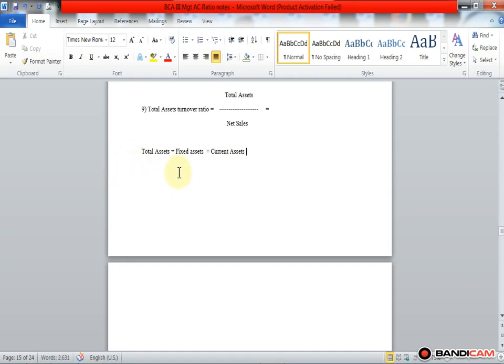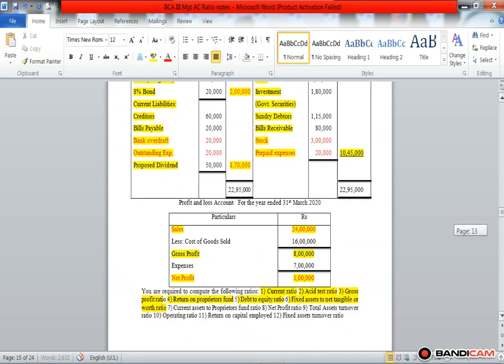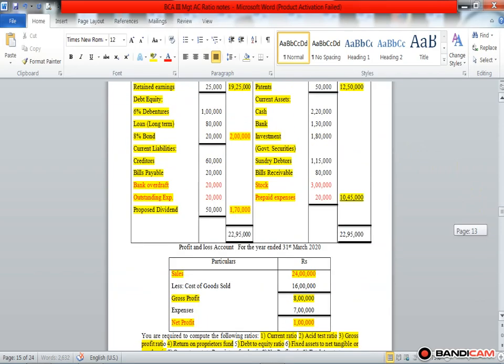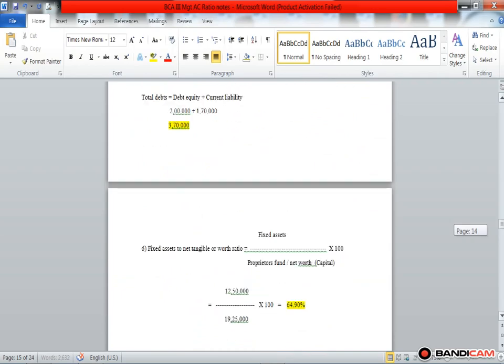So put the figures in the formula: fixed assets is 12,50,000 and current assets 10,45,000.